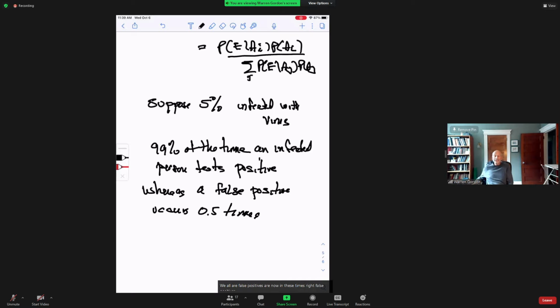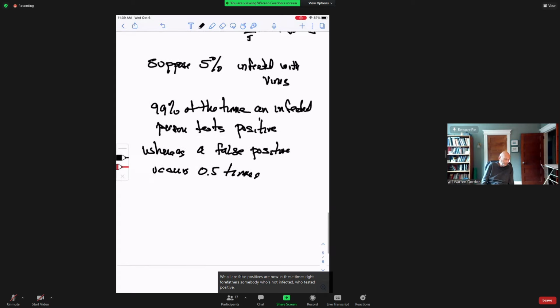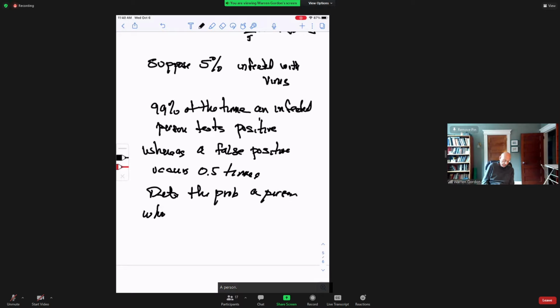False positive, somebody who's not infected who tests positive. Determine the probability a person who tests positive has the virus.